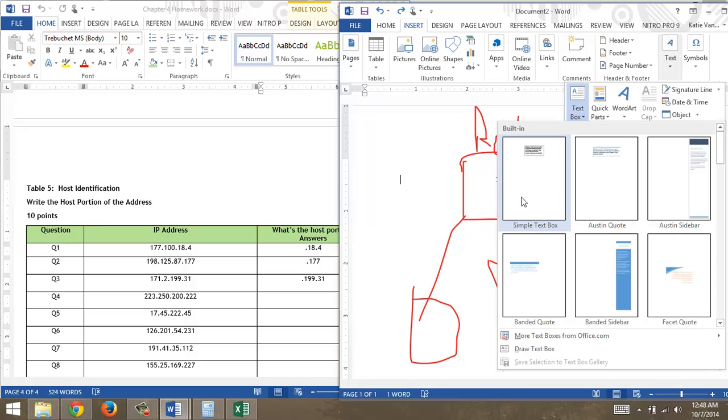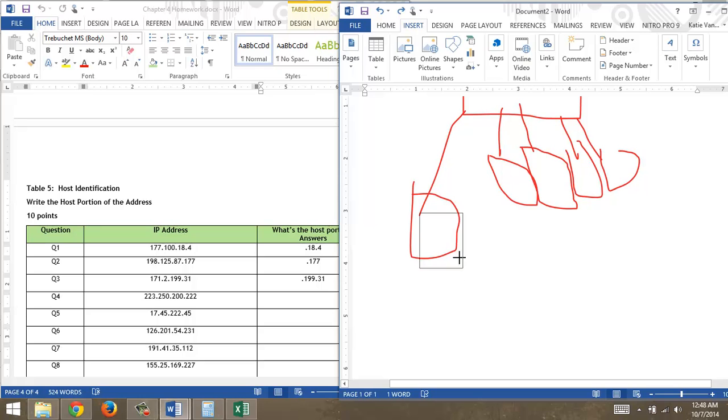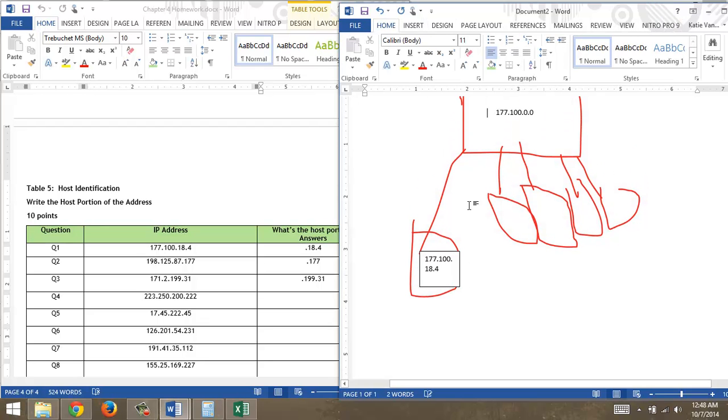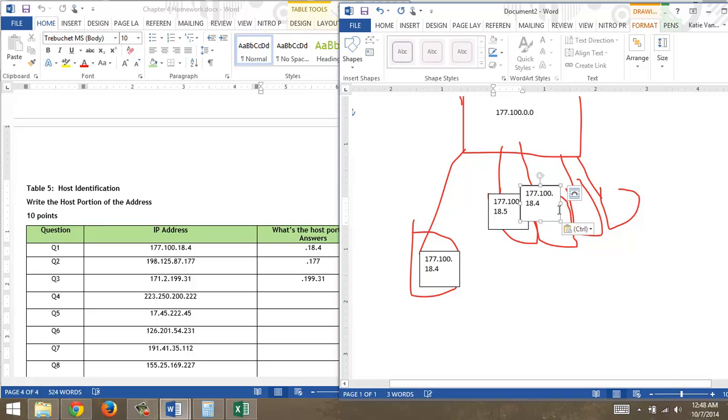So the IP address of this computer here would be 177.100.18.4. And then this one might be .5. And then this one might be .6.